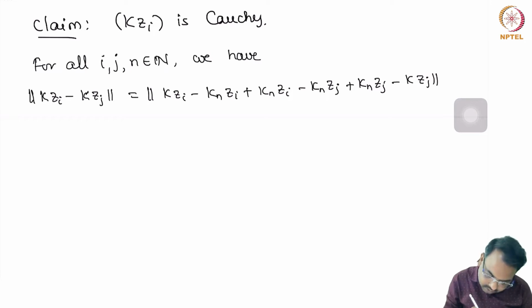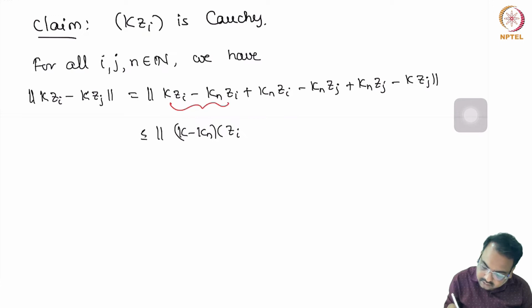So this can be written as norm of (K minus Kn) zi plus (K minus Kn) zj plus the remaining terms Kn of (zi minus zj).